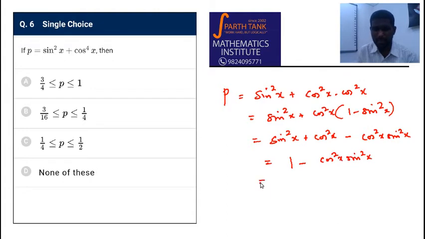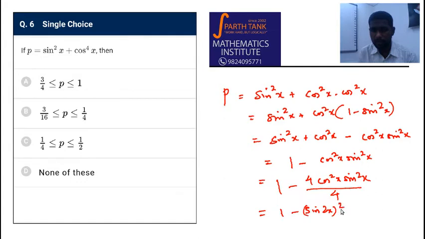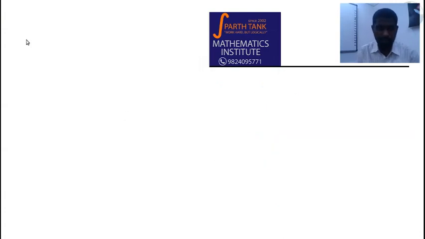Let us simplify this one more. If I multiply by 4 and divide by 4, the numerator is nothing but sine 2x the whole squared. Correct? Because you know sine 2x is nothing but 2 sine x cos x. Alright. So the given function is 1 minus sine squared 2x by 4.